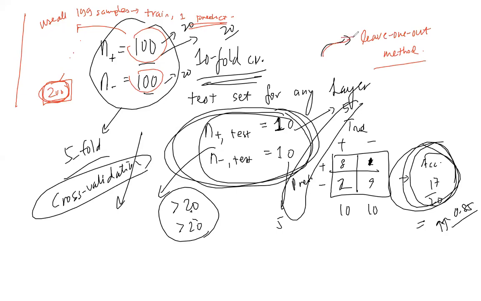But I think this leave one out method is some method that people tried a long time ago before cross-validation. So I think you can just use cross-validation, I think it's enough. But just to keep this idea around, right? Okay, leave one out method.